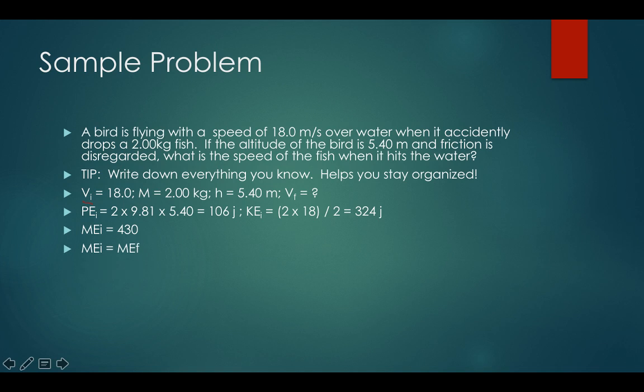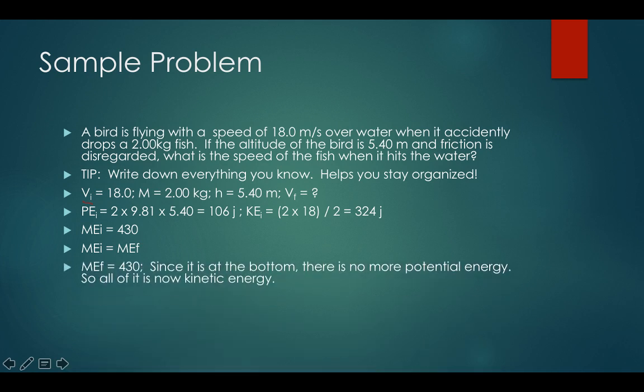And since the mechanical energy at the beginning is equal to the mechanical energy at the end, the final mechanical energy is equal to 430. And since the fish is currently at the bottom, there's no more potential energy. So we know that 430 here is now all kinetic energy.